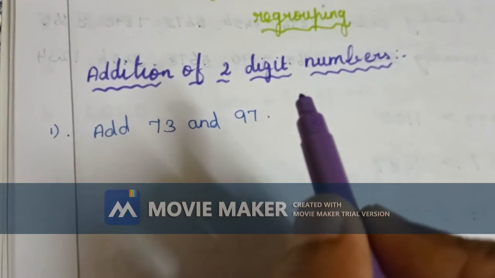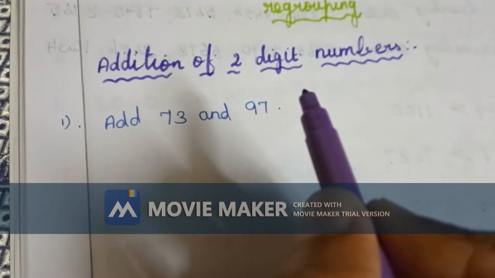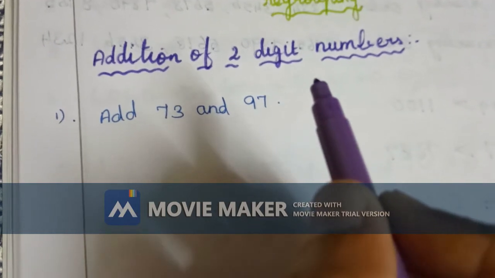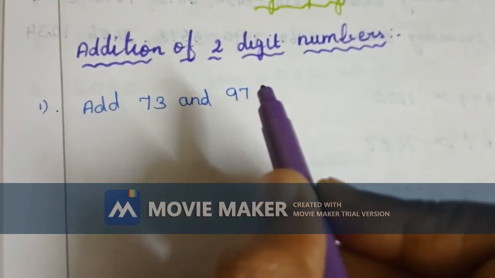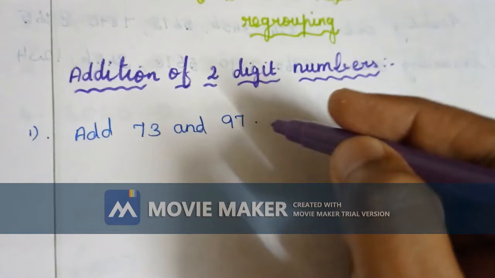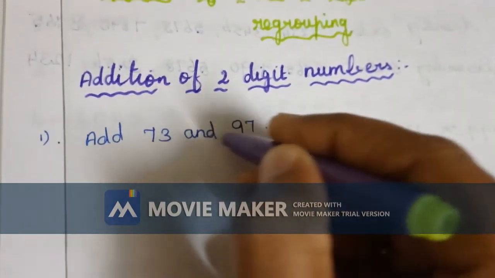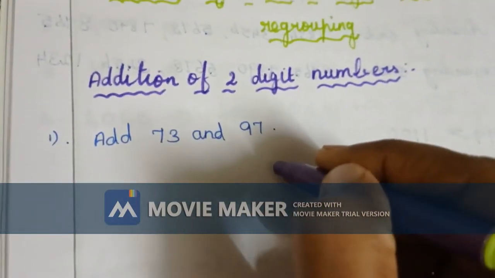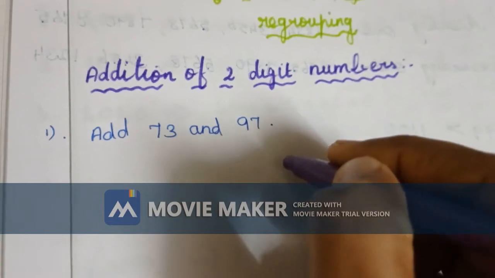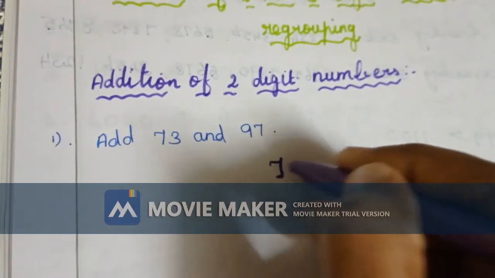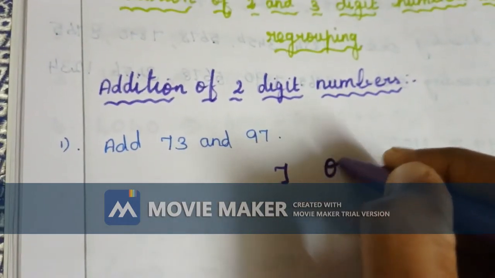So children, what is the first step? Yes, write the numbers one below the other as per their place values. These two are 2-digit numbers, and 2-digit numbers have two place values, that is ones and tens.